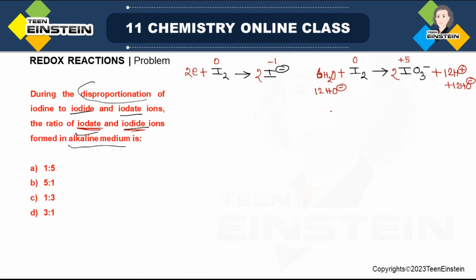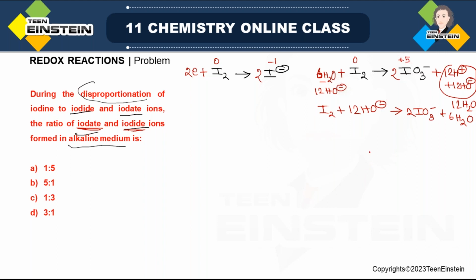Once it is done, the full equation will be I2 plus 12 HO minus, giving 2 iodate and 6 H2O. So the total is 6 H2O on the right hand side. Next, the total number of negative charge present on the left hand side is 12 negative, and on the right hand side it is basically 2 negative, right?